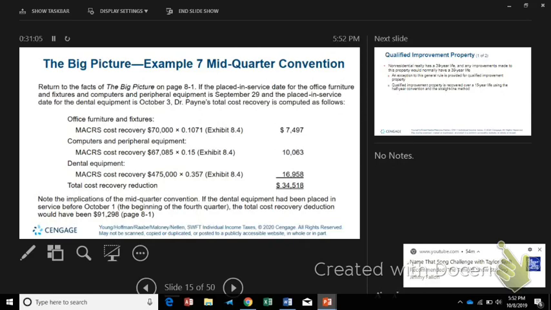So we take 67085 times 0.2. That gives us 13,417. And then we're taking the 545,000 times 0.1429.